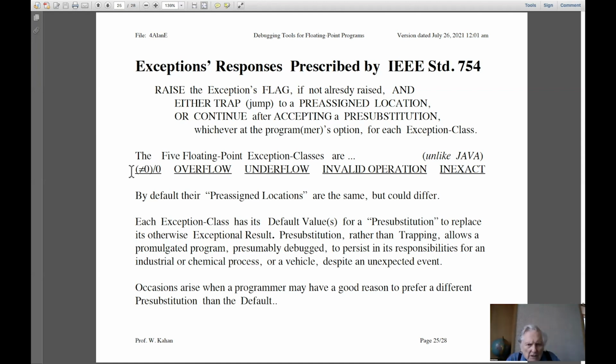The default is something that used to be built into the hardware. Nowadays, you can probably get something more flexible if you insist. But the default, for example, for trapping, where does the trap go? Well, there used to be that the trap went to a specific place.